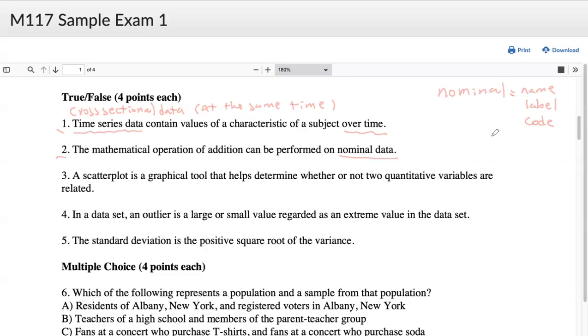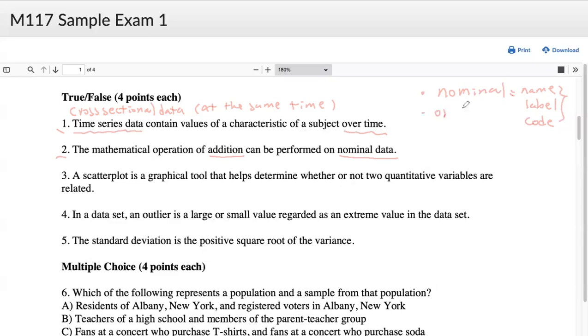Nominal data are like a phone number, a zip code, a hotel number, a university number. So of course, we cannot do addition. Nominal data are categorical or qualitative data that can be described using language or numbers to code.